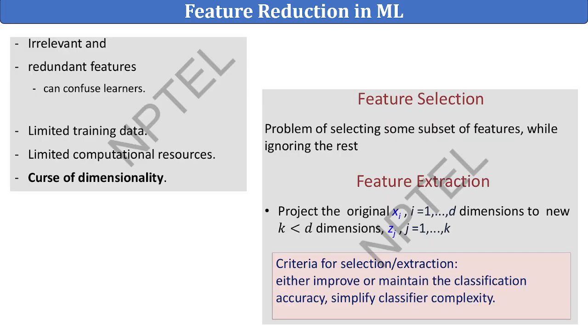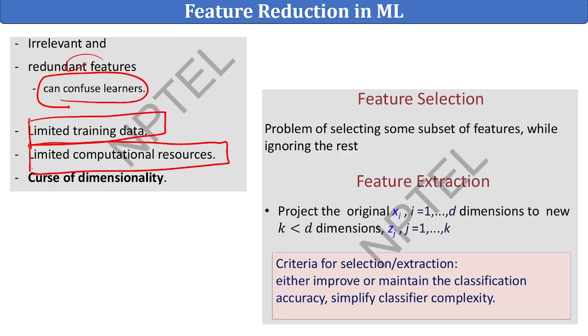Irrelevant or redundant features can confuse the learner, especially when we have limited training data and limited computational resources. More dimensions become a curse of dimensionality for the model.